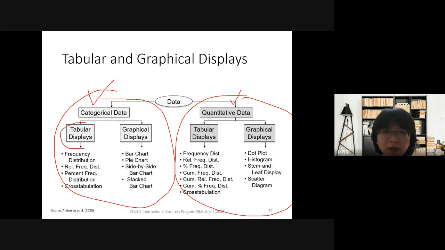You will find they can be expressed by tabular or graphical displays. They can be expressed by the frequency distribution, the relative frequency distribution, the cumulative one, or percent frequency, cross table, stem and leaf, pie chart, dot plot, histogram, etc. So that is descriptive statistics, section one.